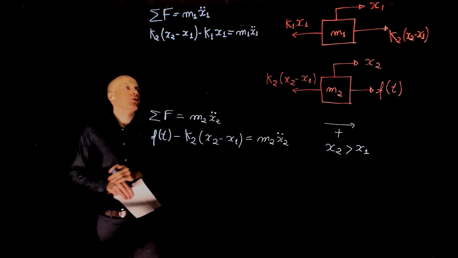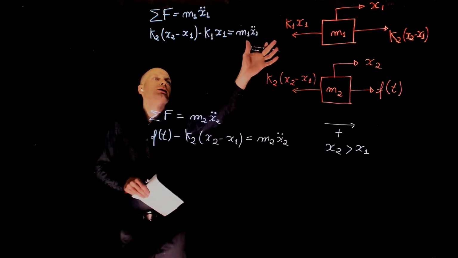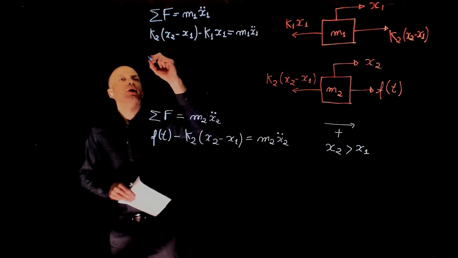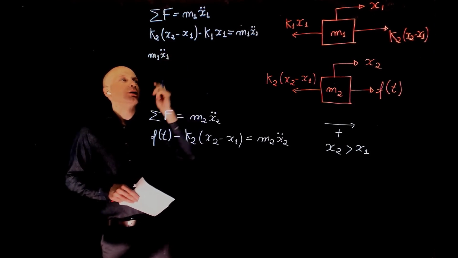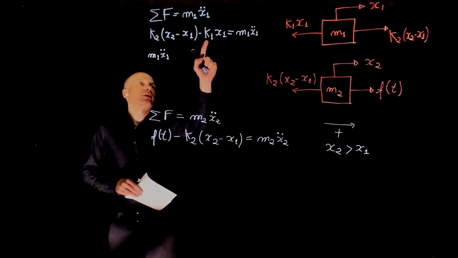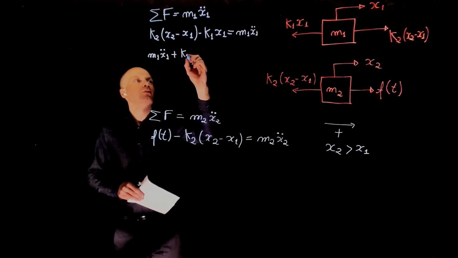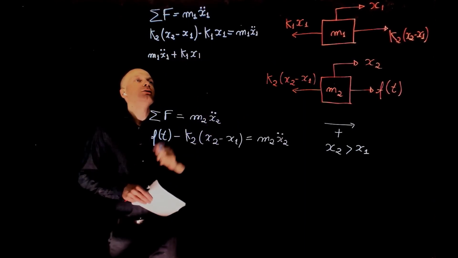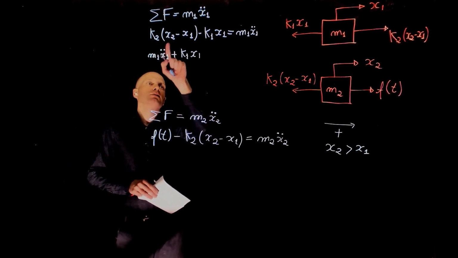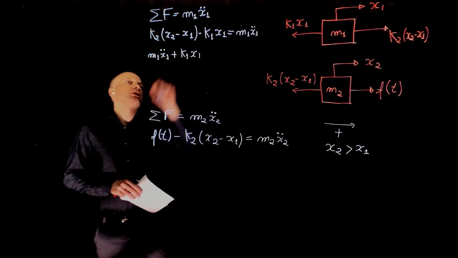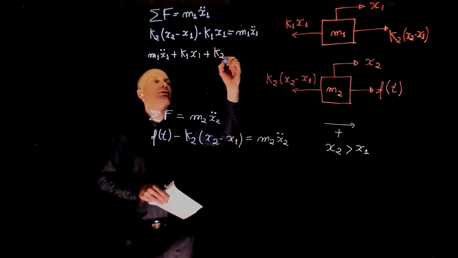Now we can put them in a more friendly form. We can move everything to this side and have m1 x1 double dot. K1 x1 is negative, moves to the right, becomes positive K1 x1. K2 times x2 is positive, becomes negative. K2 times x1 is negative here, becomes positive on the other side.